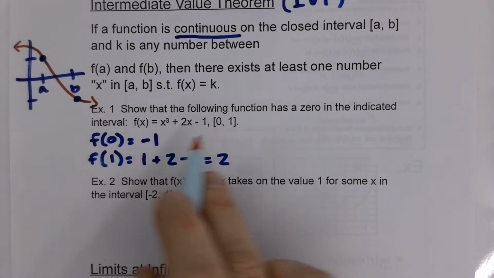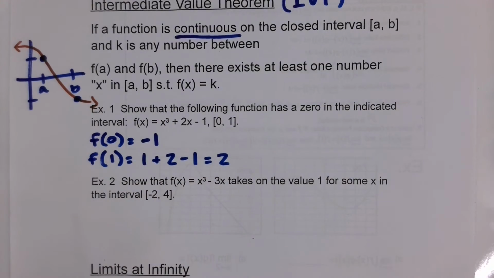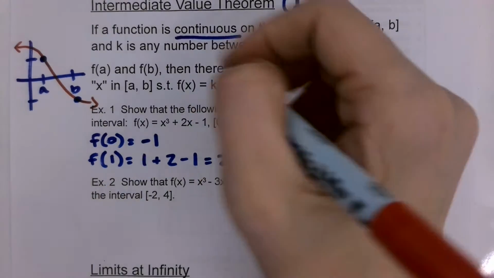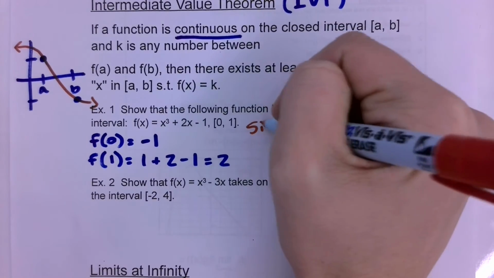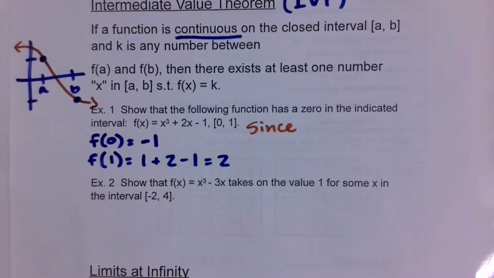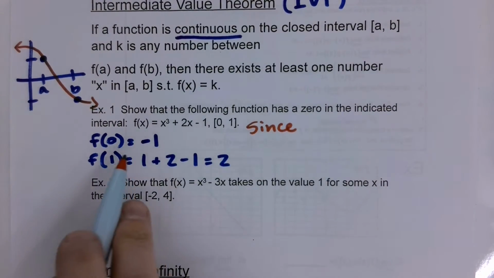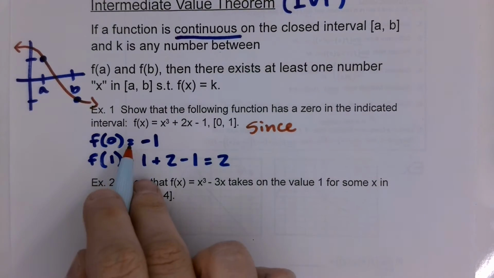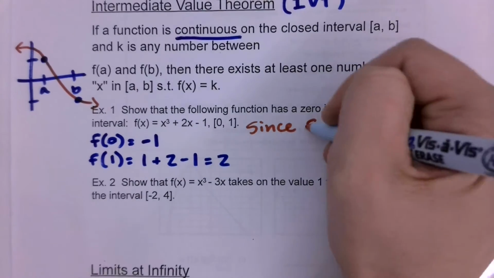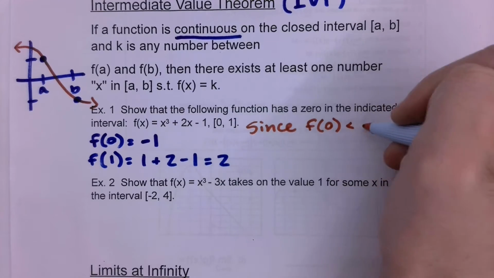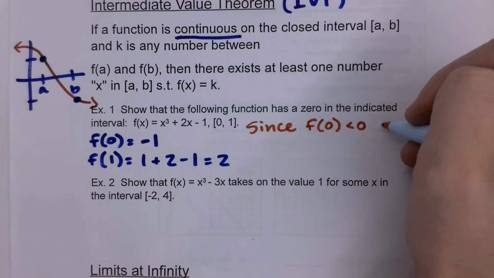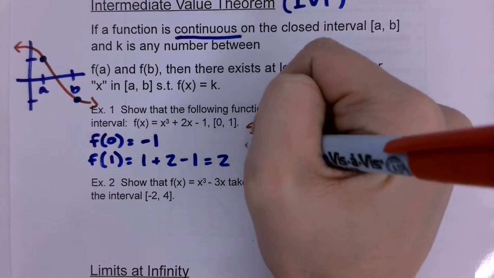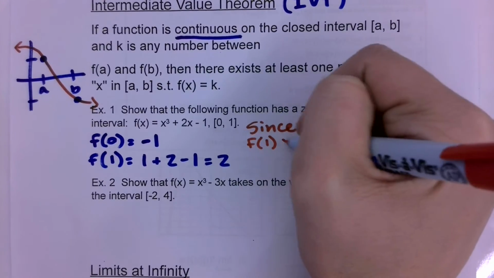So they didn't ask us yes or no, so we don't really need a yes or no, but we can say since, and we are looking for there to be a value below and a value above, so we're going to go ahead and say since f of 0 is less than 0, and f of 1 is greater than 0.